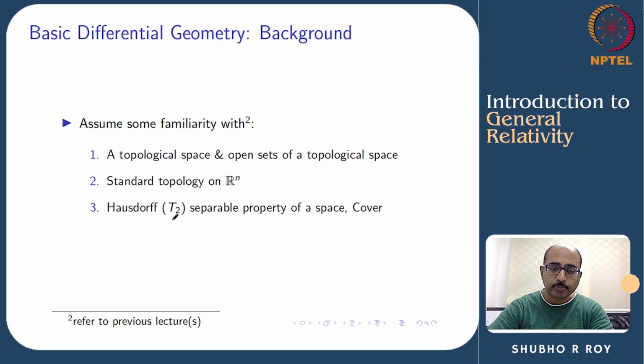In the literature, people also refer to it as the T2 space. So T is for the Russian mathematician Tikhonov, so this is also called the Tikhonov 2 space. And I'll also assume familiarity with the concept of the cover. So you can find all these topics covered in the first lecture. Please refer to the previous lecture if you want to recall what these are.